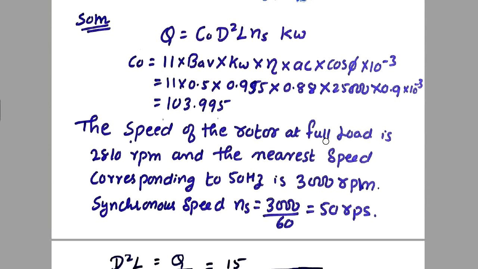And the nearest synchronous speed: how will you find the synchronous speed usually?